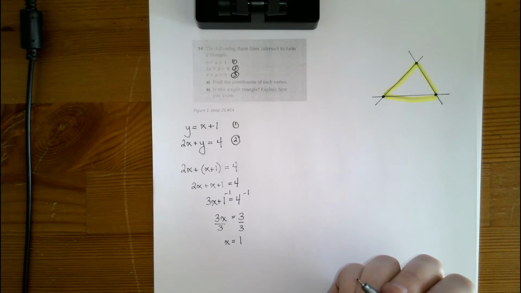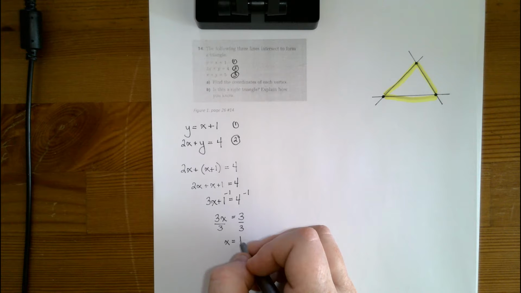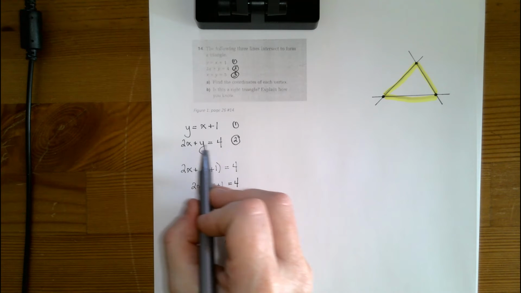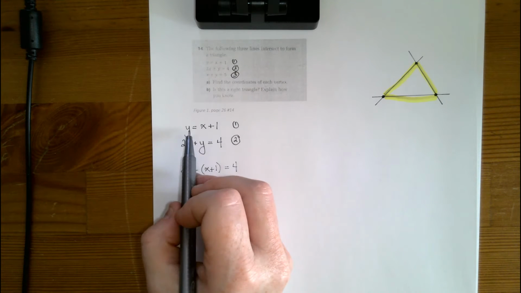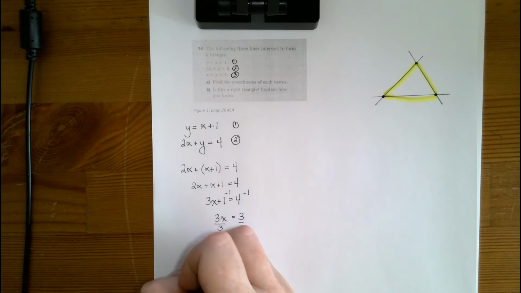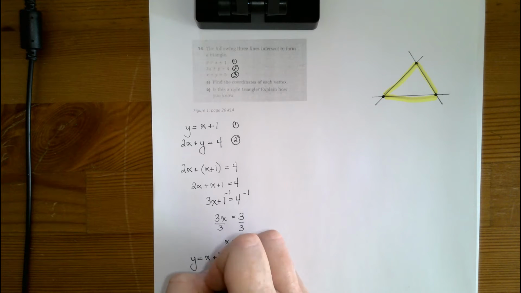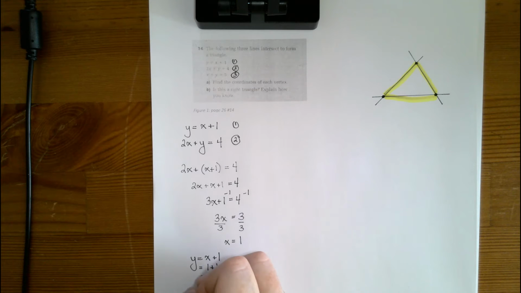So I've got the x coordinate of the vertex, and now I need to figure out the y coordinate. I'll substitute this back into the easier equation to solve, y equals x plus 1, because then I can just do the math. I know that x is 1, so y equals 1 plus 1, and y equals 2.